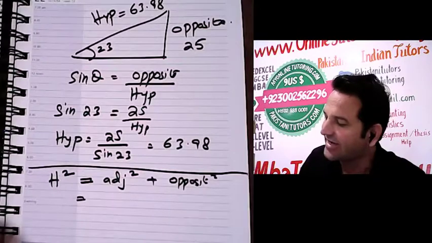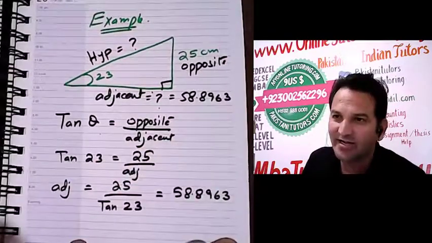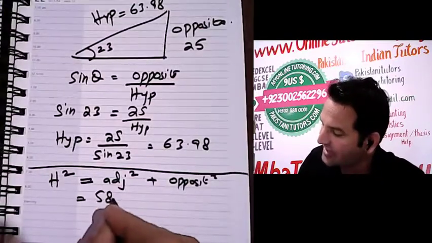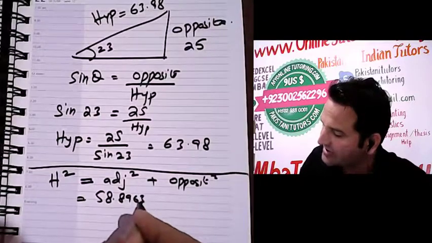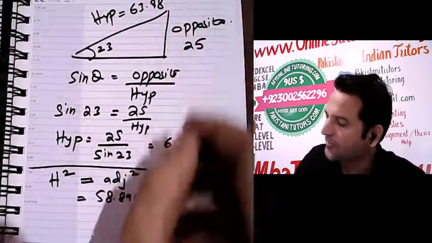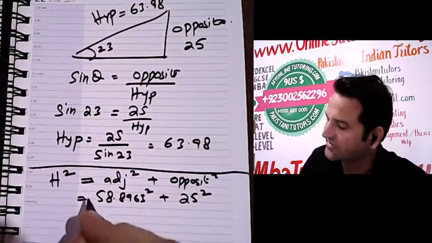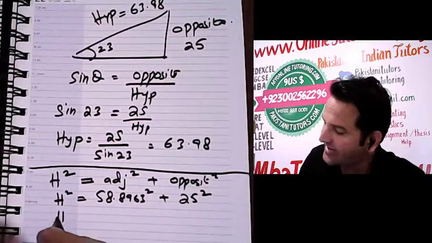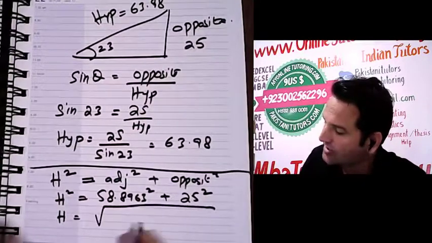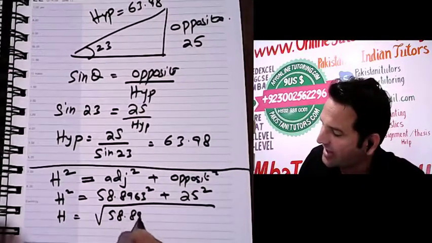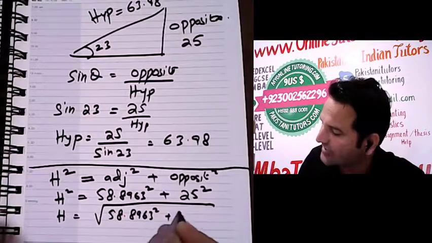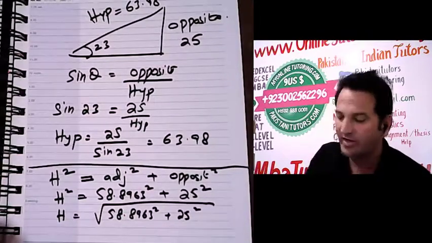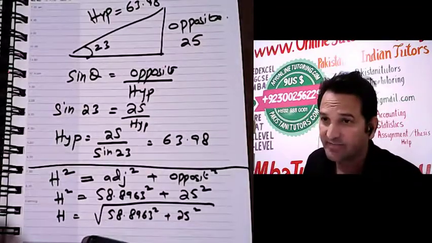So the adjacent value is 58.8963, and the opposite is already known, 25. So h will be the root of 58.8963 square plus 25 square. So now we are calculating this.